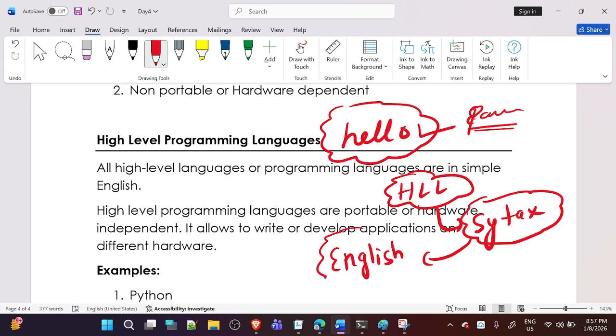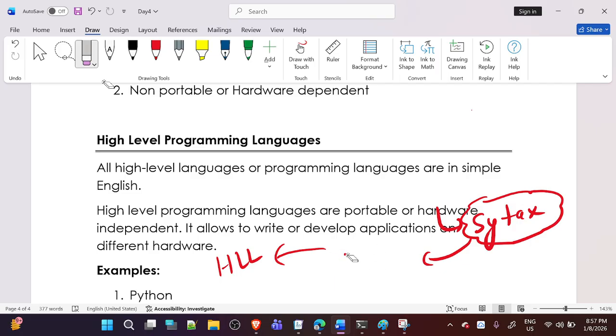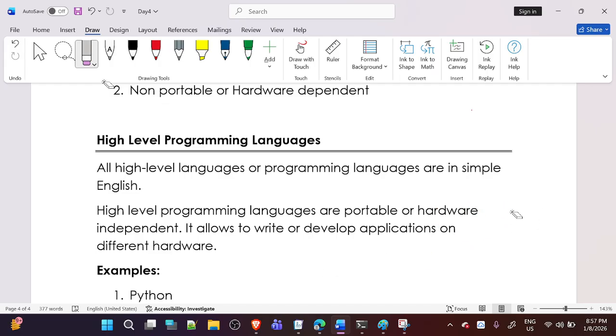That is what a high level programming language is. Is that clear? Yes, sir. If a programming language syntax were similar to Hindi, Telugu, or Japanese, that would also be a high level language, because that syntax is understood by humans.